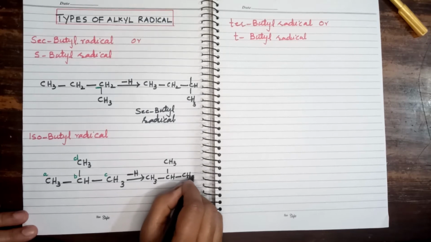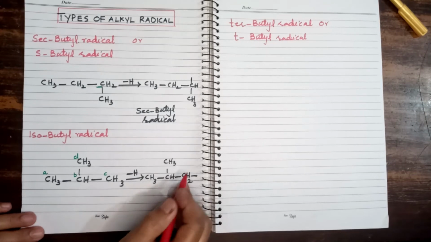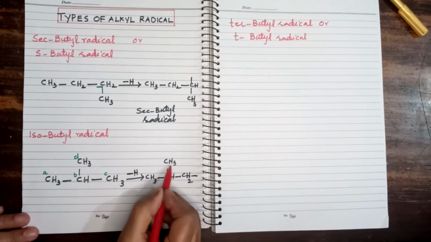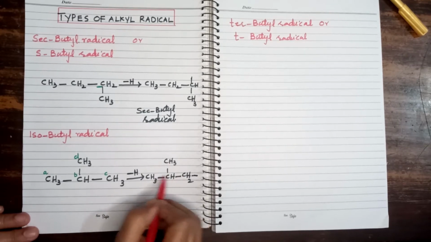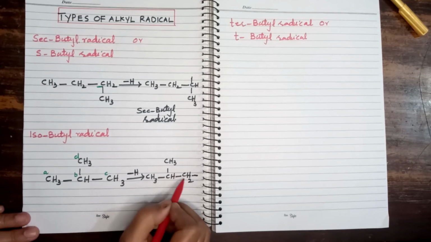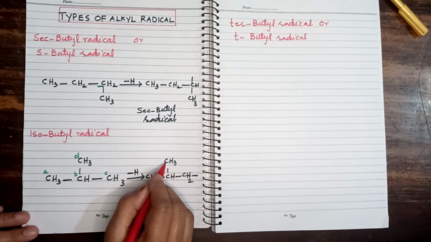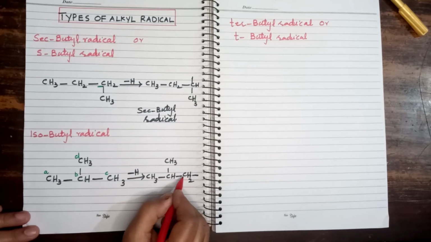One vacancy of this carbon becomes vacant after the loss of one hydrogen. Now count the total number of carbon atoms: 1, 2, 3, 4. Total carbon atoms are 4 in this radical. So this radical is butyl radical, but it is not secondary butyl, since we removed hydrogen from a carbon which is not secondary in nature.